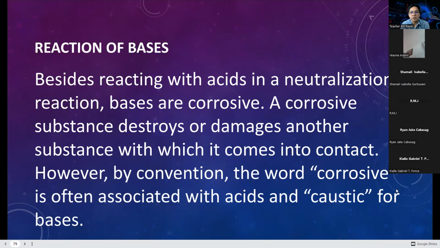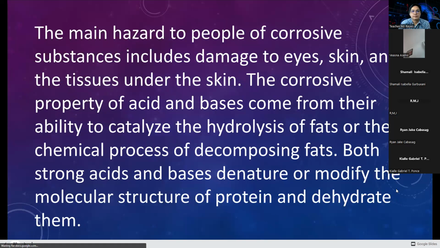Corrosive is often associated with acids, and caustic with bases. The main hazards to people of corrosive substances include damage to eyes, skin, and tissues under the skin.